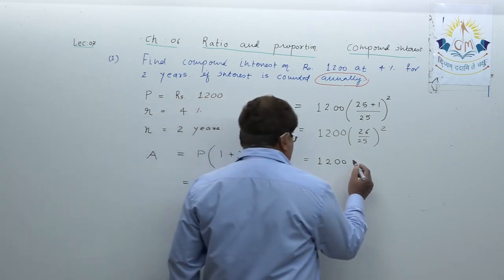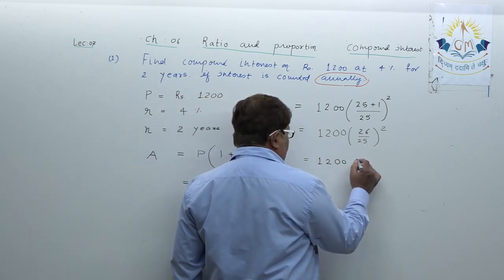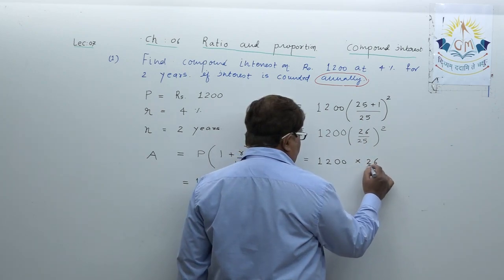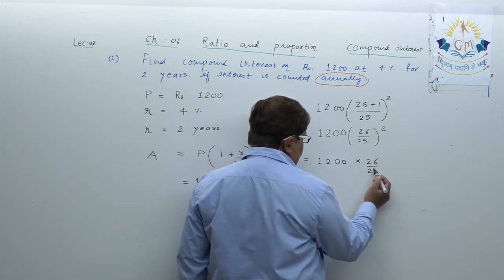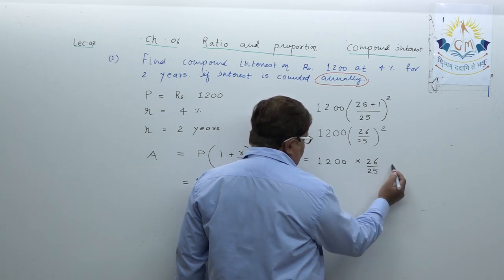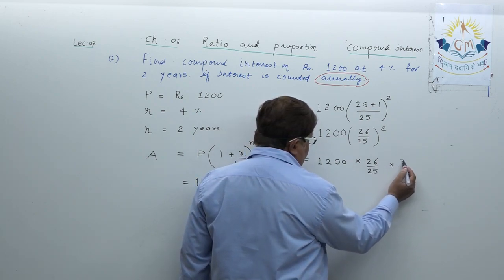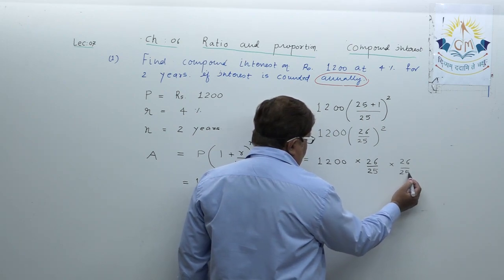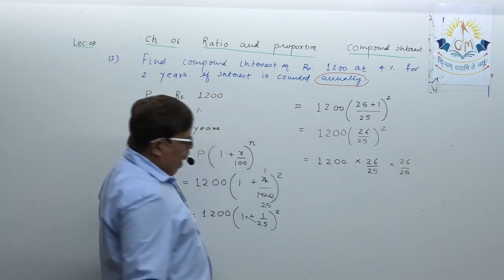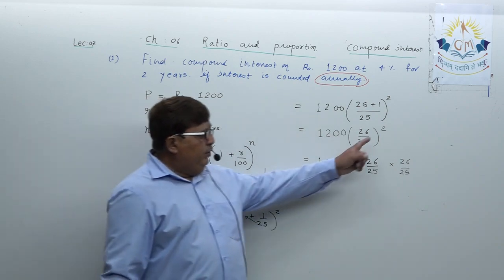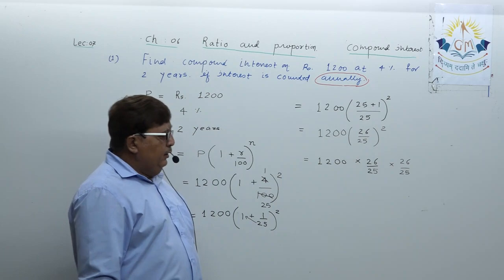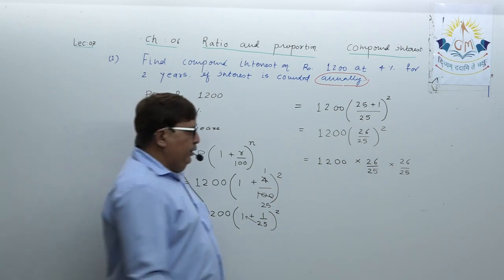So in calculating the sum, you will write it twice: 26 upon 25 into 26 upon 25, because the power here is 2. Okay.